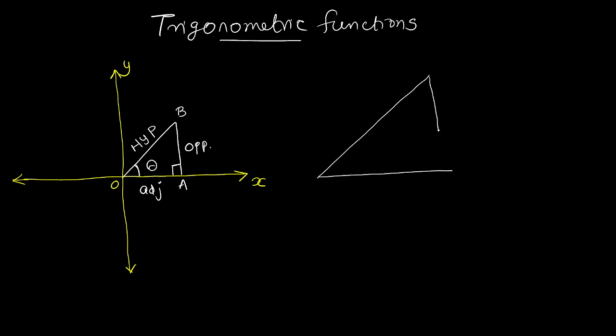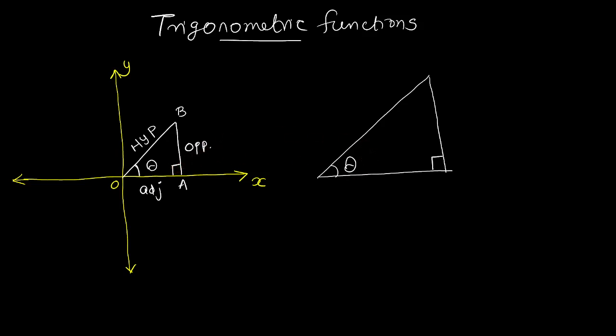For the same theta, I can draw plenty of right angle triangles. There we get similar right angle triangles, understood? This one is theta, this one is also theta, but larger. We can draw infinite right angle triangles having one angle as theta. But all these triangles are similar triangles, as you studied in 10th standard. This one and this one are similar.